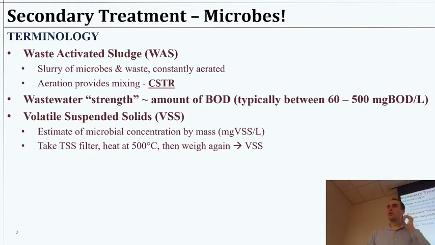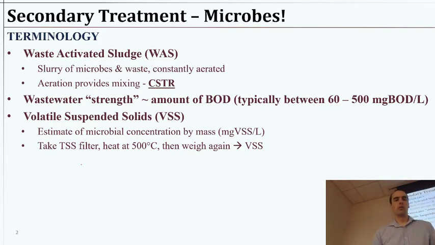And we let that happen for a couple hours, and then we weigh it again. So anything that volatilized gets categorized then as volatile suspended solids. So we weigh the difference between when we had just the total solids and then after burning it away. We're left with some ash. What we cared about is what escaped, right? So the difference there is what escaped.